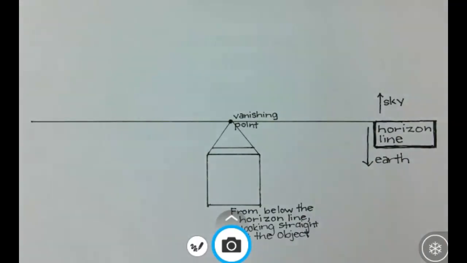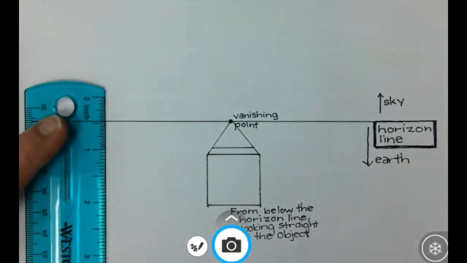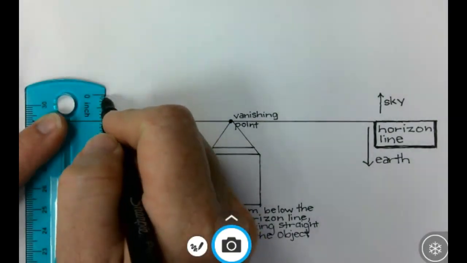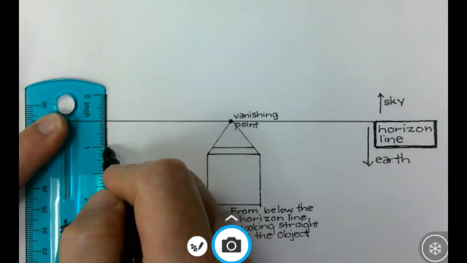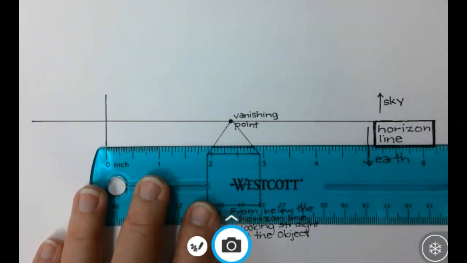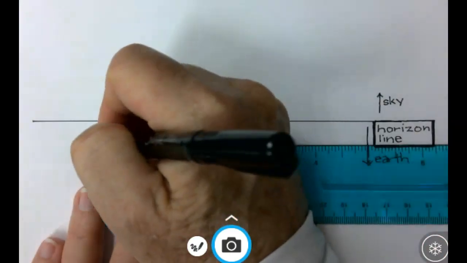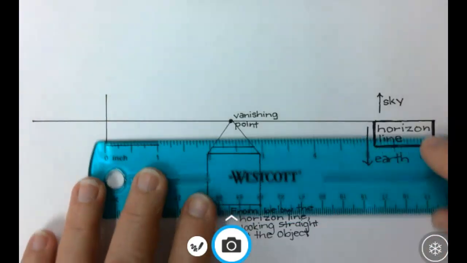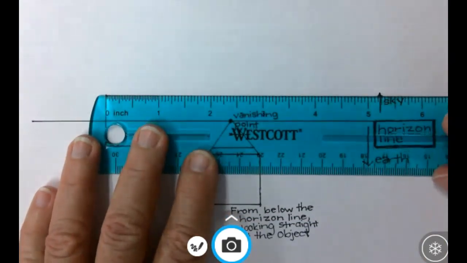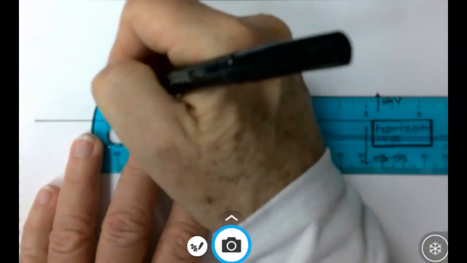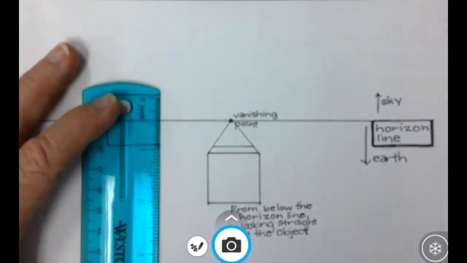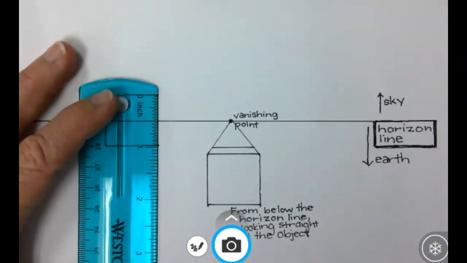So now we're going to try one right on the horizon line. So let's try a square that's right on the horizon line, and see what happens when we put one right there, smack on the horizon line.